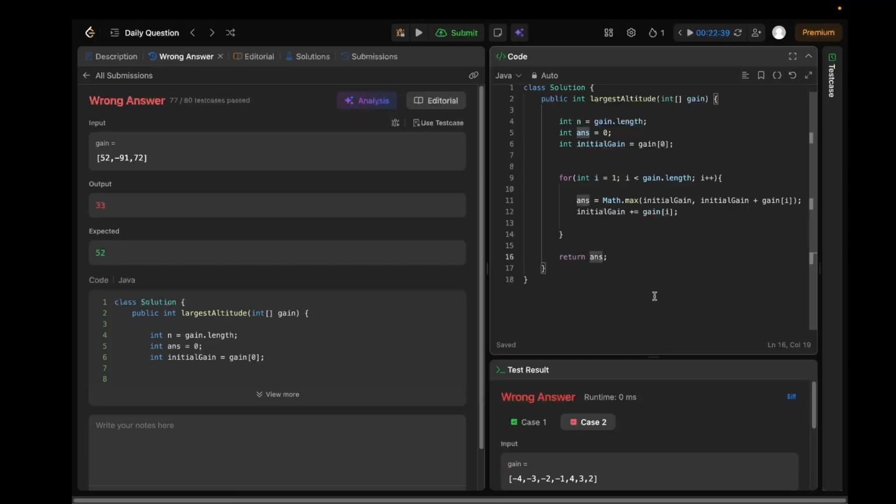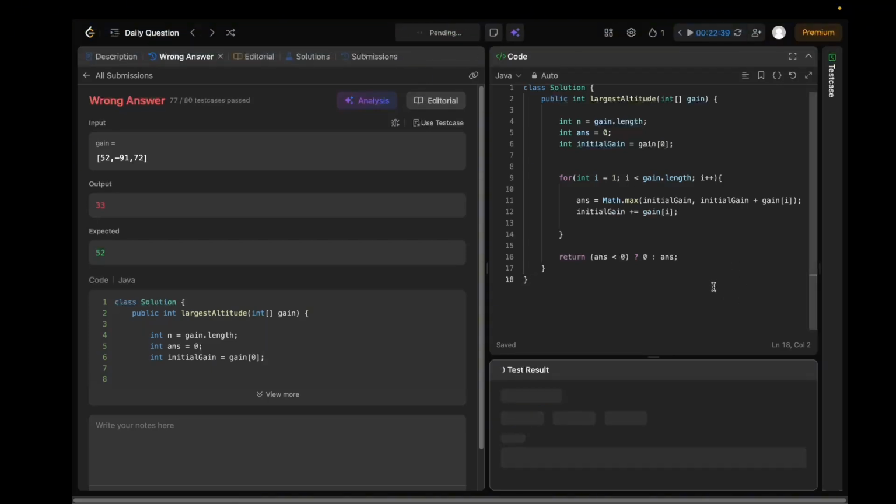Return answer. If answer is less than 0, right? Okay, so if answer is less than 0, then we return 0. If not, we return answer. Yeah, because initially we're at 0, right? If we're only on the negative, our answer could only be 0.